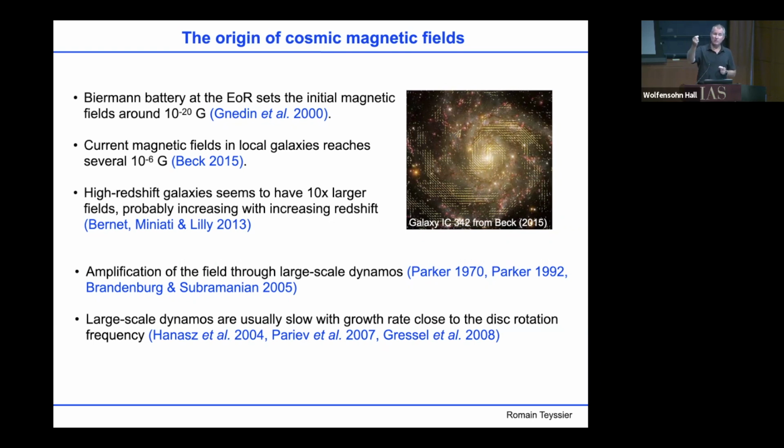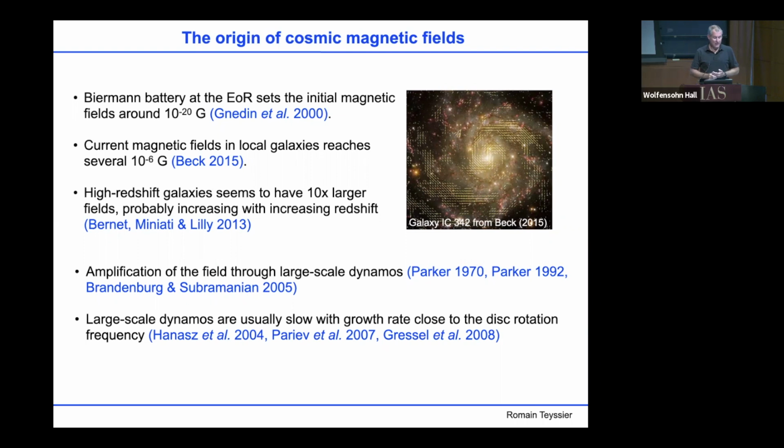And we have measurements of the magnetic field at redshift 1, 2, 3. The surprising result is that the magnetic field is actually 10 times larger back then in those galaxies than it is today. So that's really hard, right? You have to go from 10 to minus 20 to 10 to minus 6, but actually when you go there, it's even larger, right?